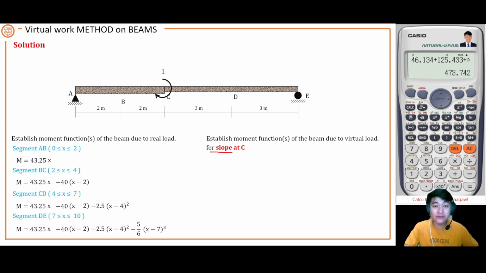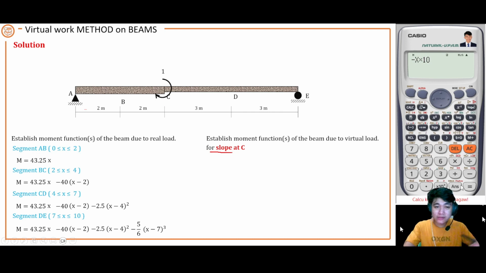Again, you don't have to repeat step number one, which is establishing the moment functions due to the real beam. So, having a clockwise moment, let's solve the reaction at the left support. Obviously that is a downward force, because summing moment at point A will give you a downward reaction at the left support.